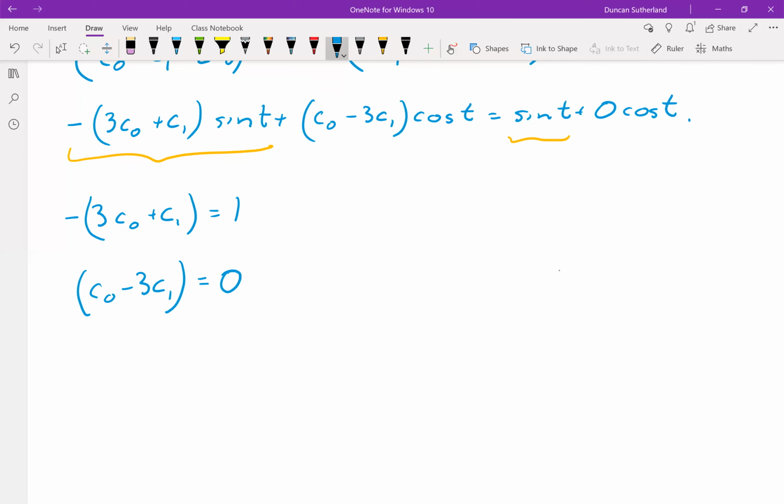This is now just a case of rearranging and solving. Okay.